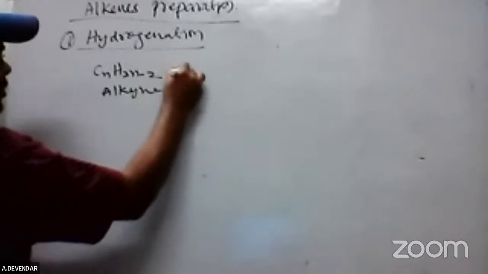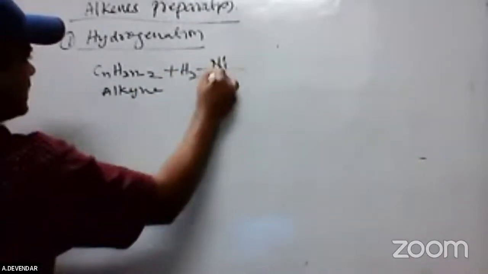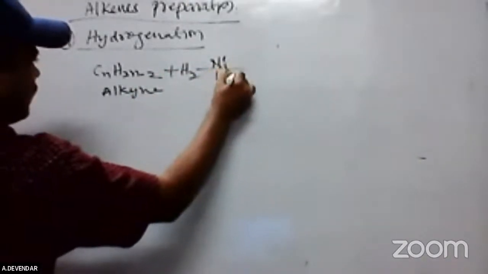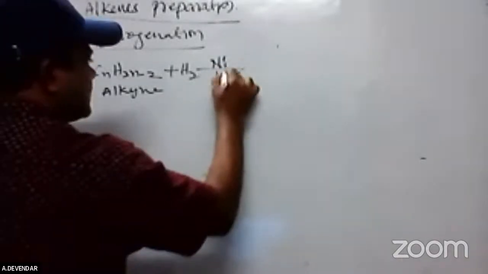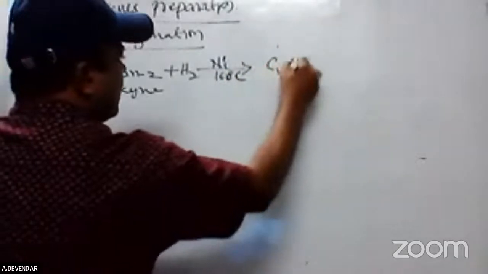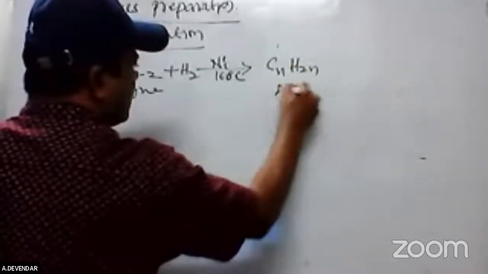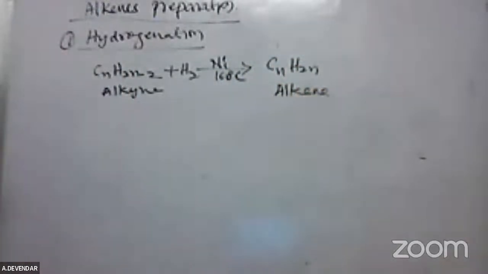When an alkyne is hydrogenated in the presence of a nickel catalyst, 160 degrees Celsius is required, or 170 sometimes, it forms CnH2n, which is called an alkene. This is the simplest method of preparation of alkenes.